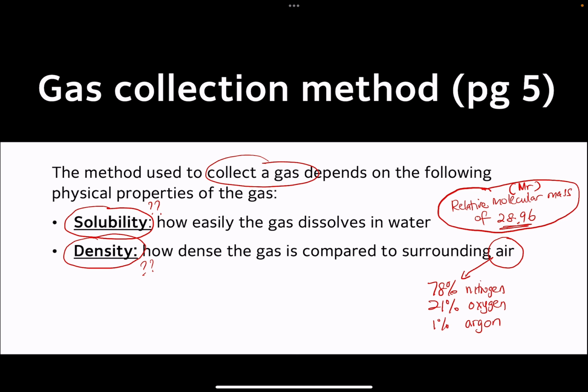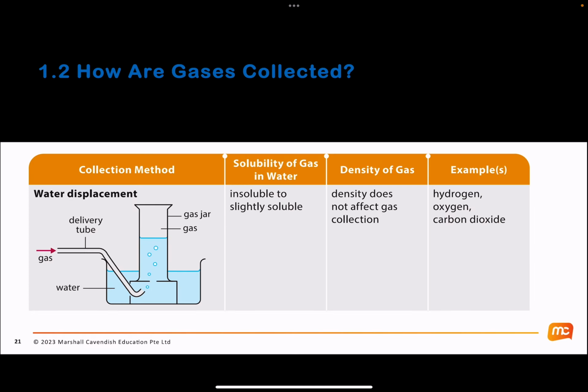First up, our first method of collection of gases is called the water displacement method. Basically, you take a delivery tube and bubble the gas through water.